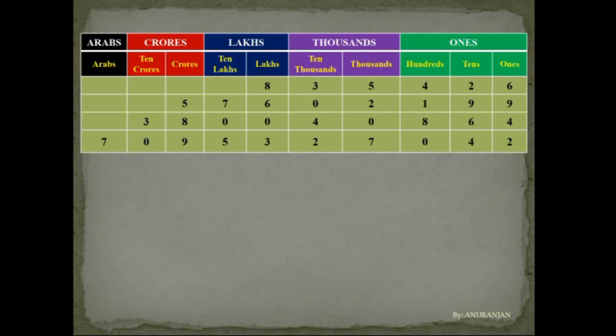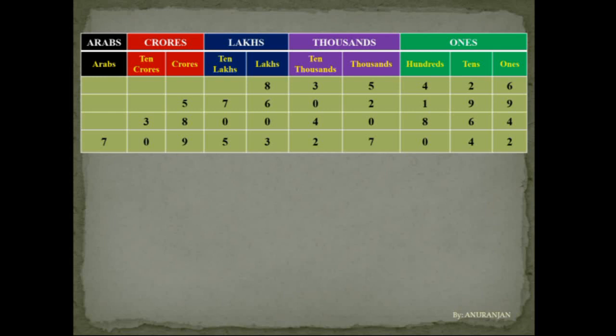Now for the starters, let's take some random numbers and place them inside the Indian place value chart to understand the place value of the digits. So here you can see that some numbers have been placed inside the place value chart.